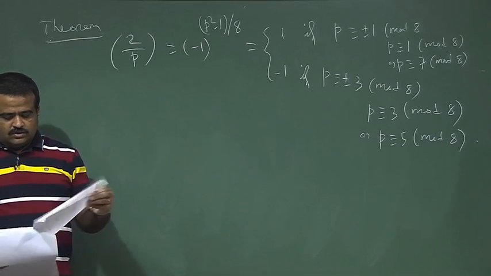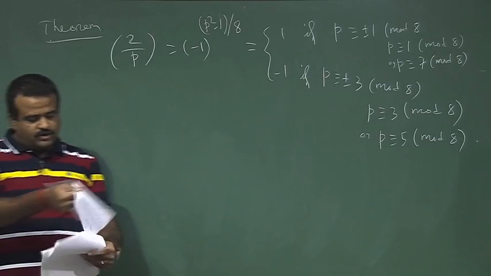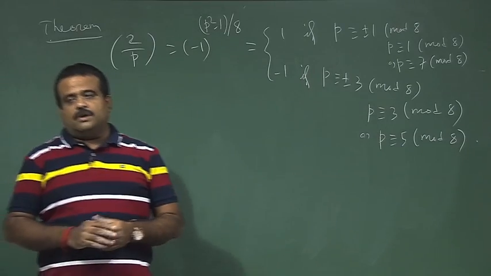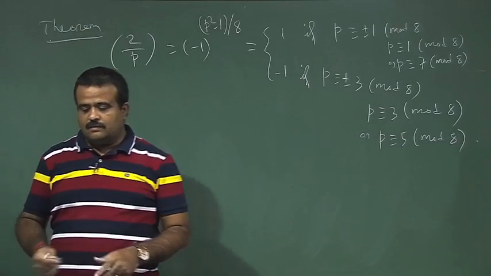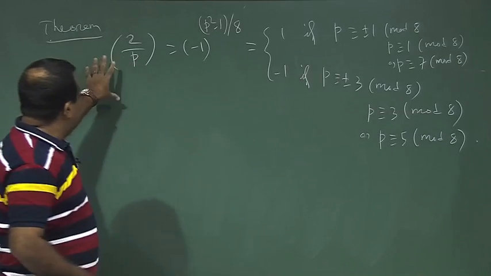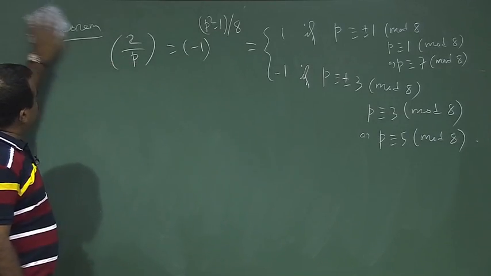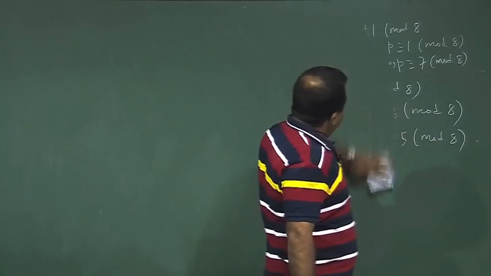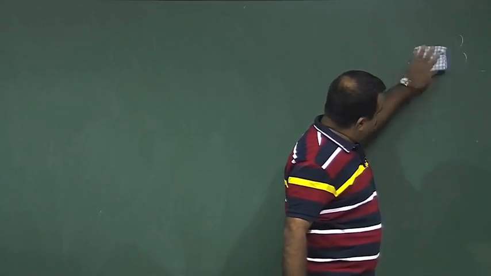Okay. Next we will define what is called the Jacobi symbol. It is a generalization of the Legendre symbol, where so far we have assumed P is prime. Now, what happens if P is not a prime? Then how do we define this symbol? That is called the Jacobi symbol.